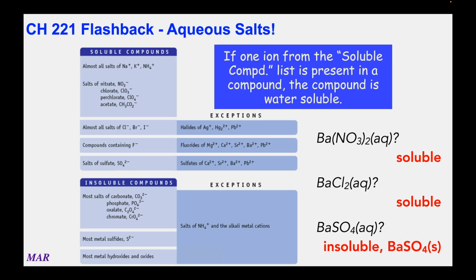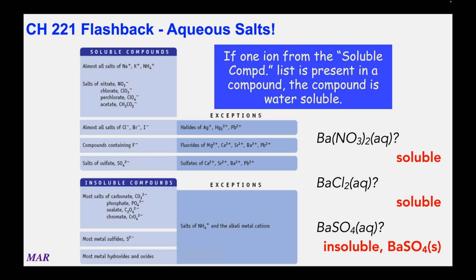This is a flashback to Chemistry 221, right around the time we did the net ionics lab, and we used this as a general rule to tell if something was aqueous, i.e. if it dissolved, or if it was insoluble, i.e. if there was a solid. We used this to figure out when compounds were solids and when not. We talked about how nitrate, ammonium, sodium, potassium, these kinds of things, are almost always AQ.